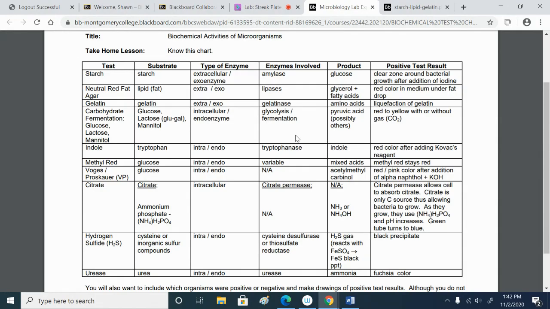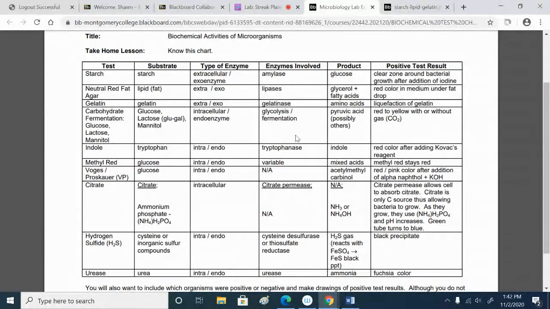Now, the problem with starch is that it's a big molecule. Think of it as a piece of spaghetti. Are those bacterial cells going to just suck up that piece of spaghetti? It's way too big. So they have to break down the starch outside of the cell first.